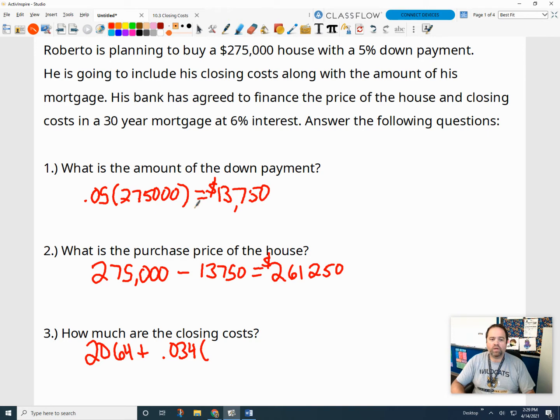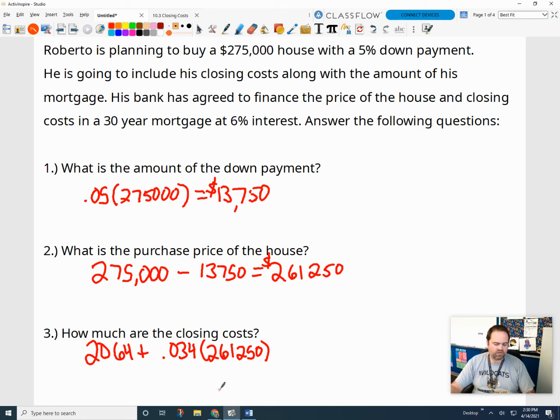So Roberto, again, the house was $275,000, but he's not asking for a mortgage for the full price. His mortgage only needs to cover the difference that he didn't have. So his closing costs are a percentage of what he needs to borrow, not the purchase price. So you're adjusting for that down payment.